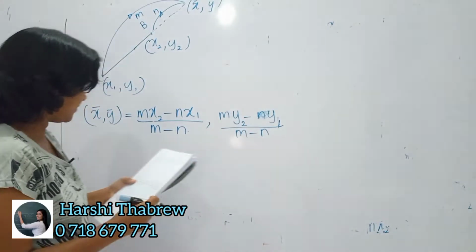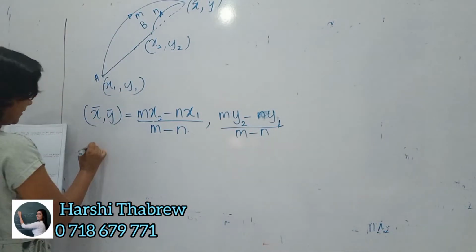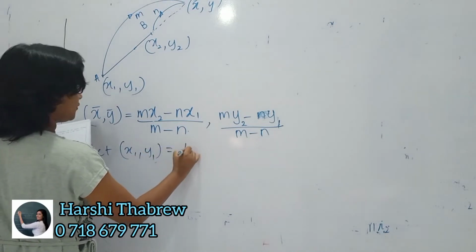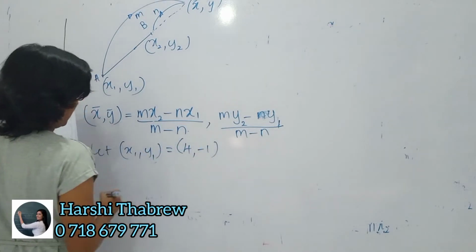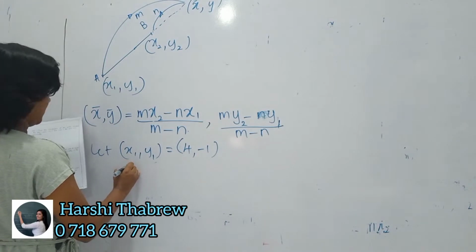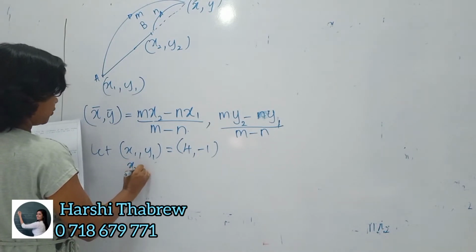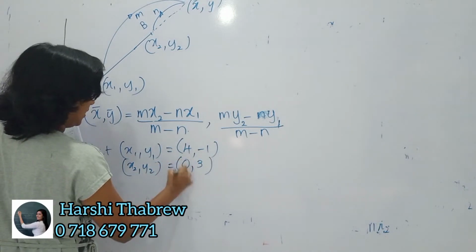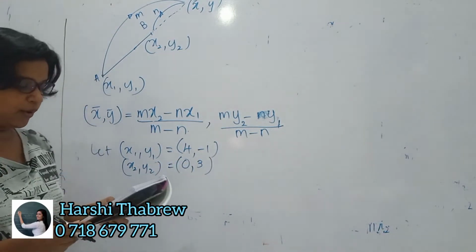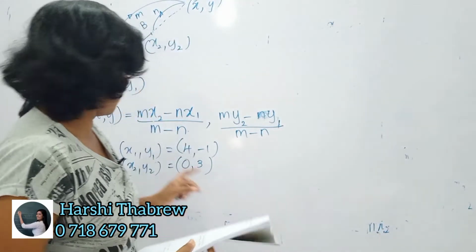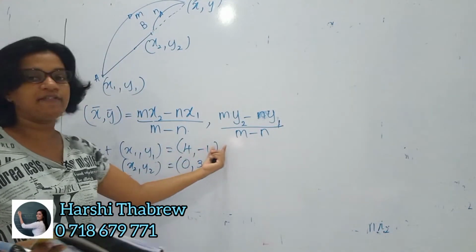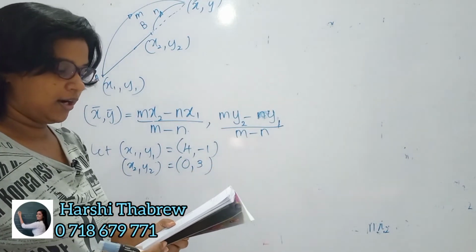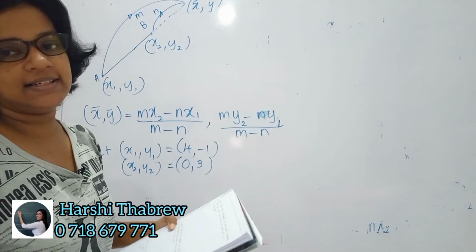Let (x1, y1) equals (4, minus 1) and (x2, y2) equals (0, 3). We have to find the coordinates of the point which divides the straight line joining these 2 points in the ratio 2 to 3 externally.